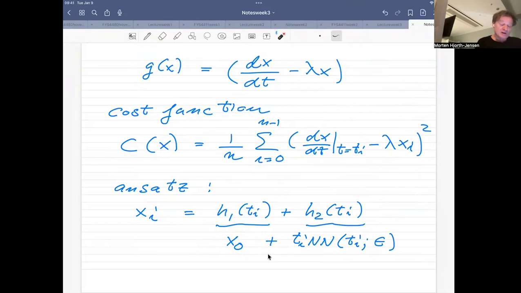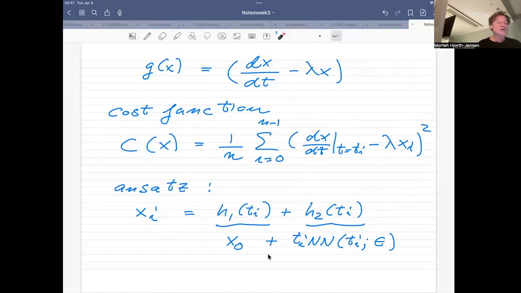And then we know that when t_i here is equal to t0, then t0 is equal to 0. We have defined that to be 0. And then we have 0 times the neural network, and then we are just simply left with x0. So that's one extremely simple way by which we can start the neural network.